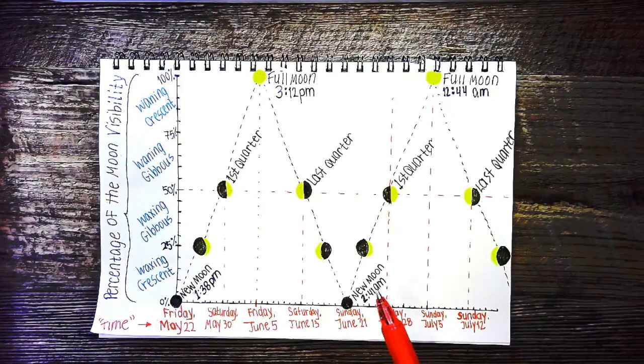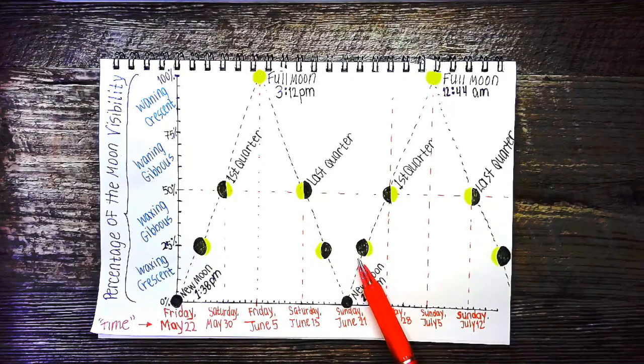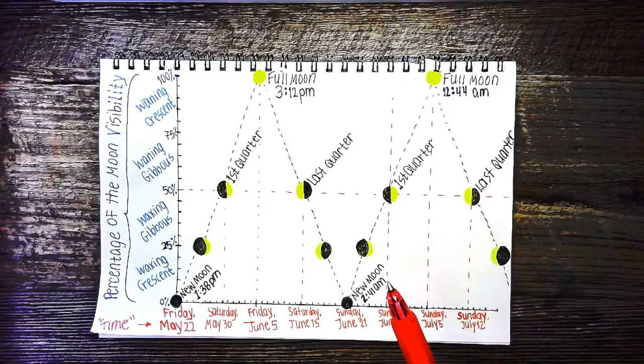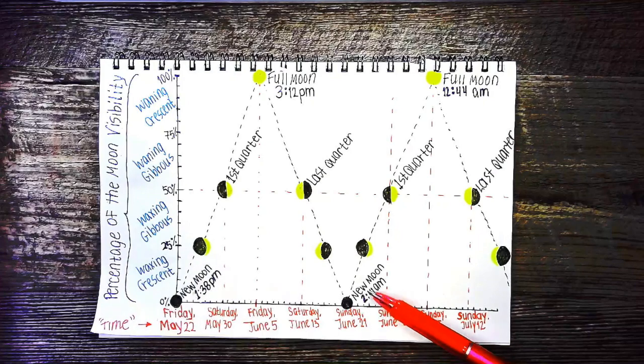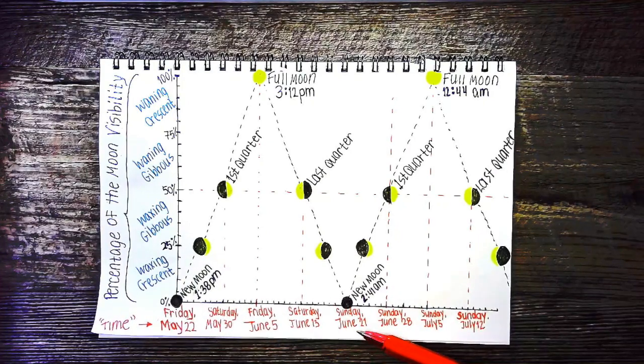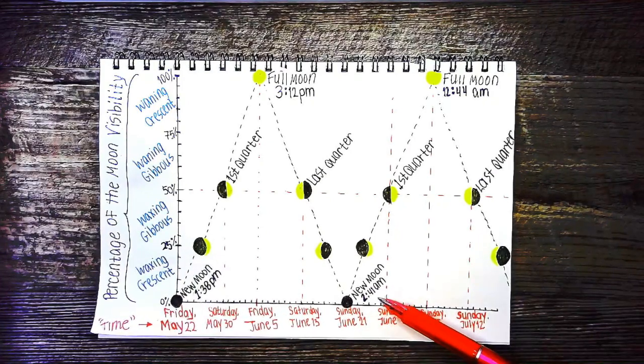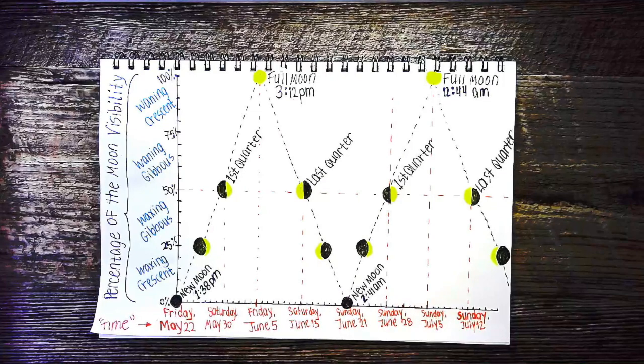If I asked you, how many days, hours, and minutes do we have between the new moon on Friday, May 22nd, and the new moon on Sunday, June 21st, how much time would that be? How many days, hours, and minutes?